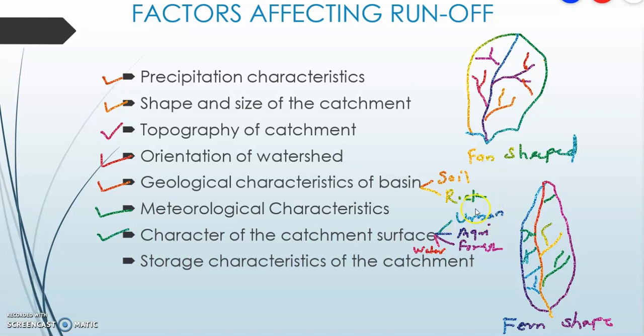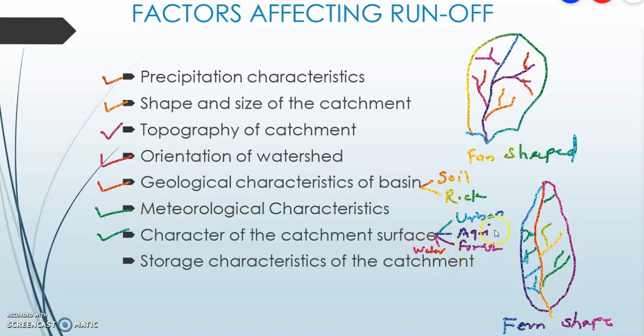Because of which it gets less opportunity to infiltrate, and more runoff will be there in the urban area. Where water bodies are there, they will collect direct rainfall, so there won't be any kind of infiltration.